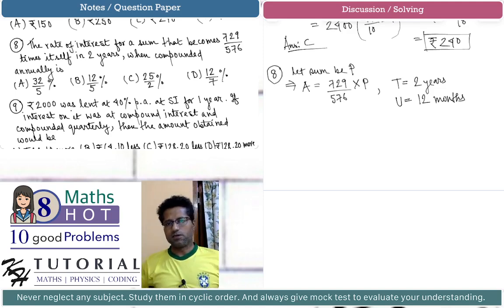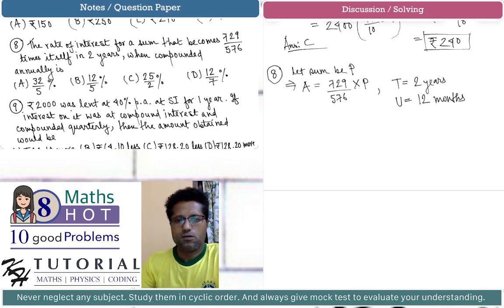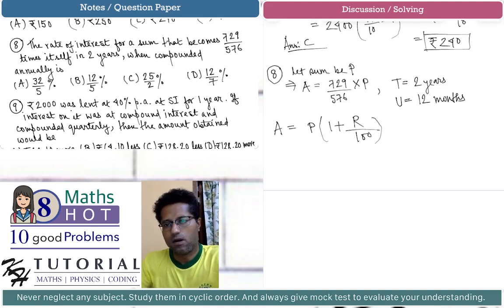So we have the special case where the interest is being compounded annually. For that special case, we know the formula is amount is equal to P multiplied by 1 plus R by 100 whole to the power T, where T is the time period in years.